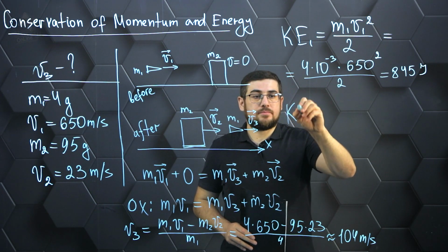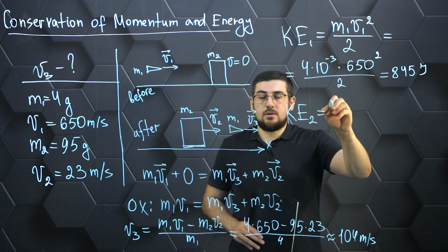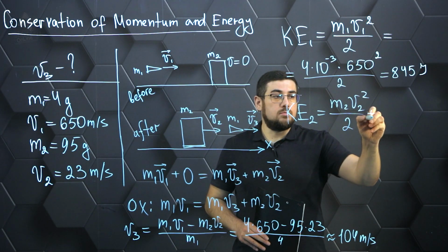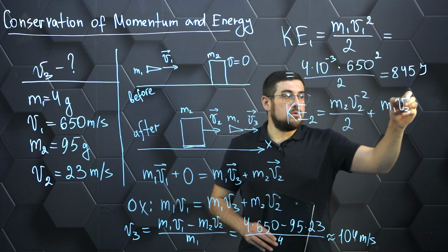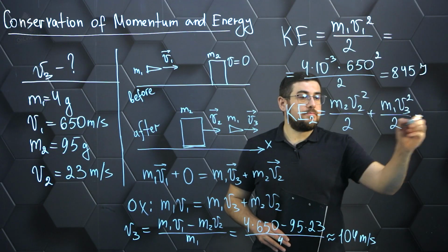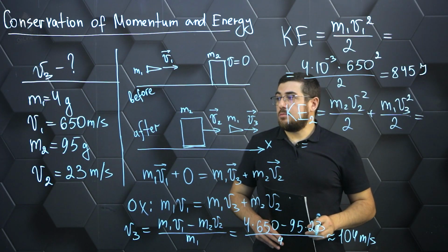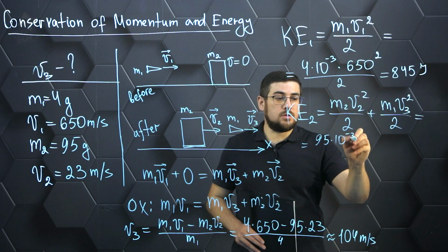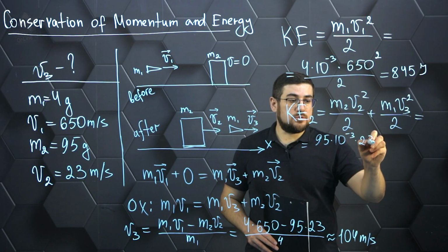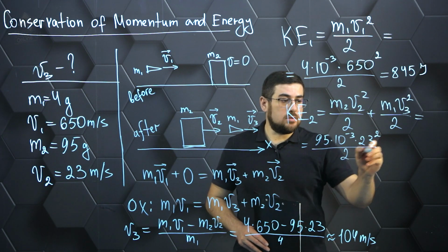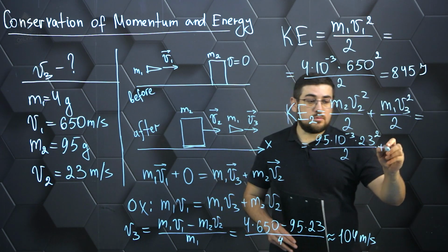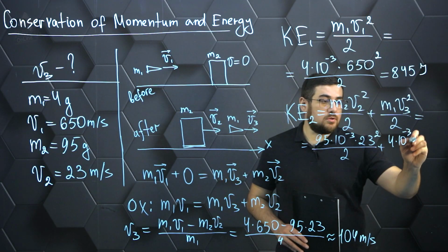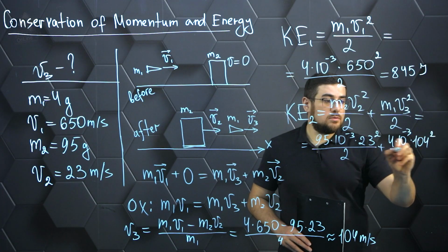So m2 v2 squared over 2, plus m1 v3 squared over 2. Here m2 is the mass of the bar, 95 times 10 to the minus 3 kilograms, its velocity is 23 meters per second squared, divided by 2, plus the mass of the bullet, 4 times 10 to the minus 3, and the velocity after impact, 104, which we've calculated, also squared and divided by 2.